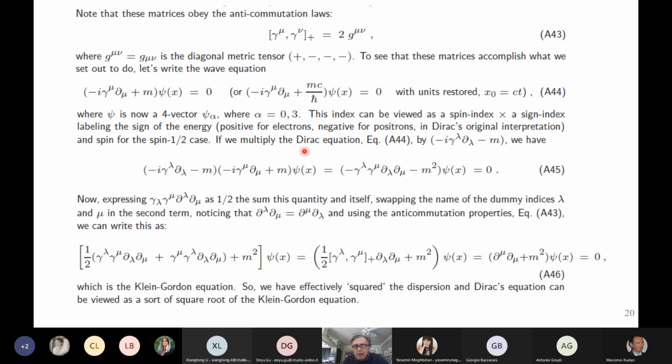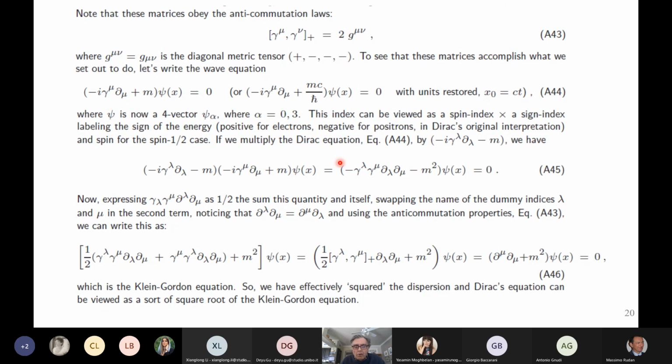So spin is introduced in a way which, I guess we'll agree, is much better than the ad hoc way in which we had to introduce it into the Schrödinger equation. The Schrödinger equation has nothing to do with spin. We have to add it manually. Here instead, in Dirac's formulation, spin comes naturally from the way the equation has been derived.